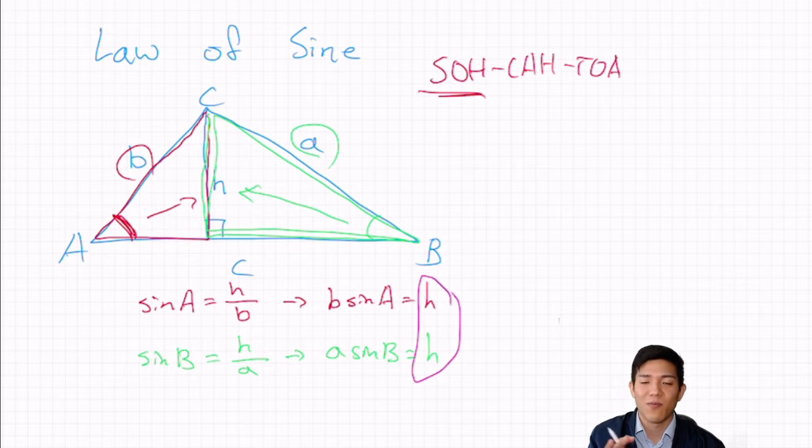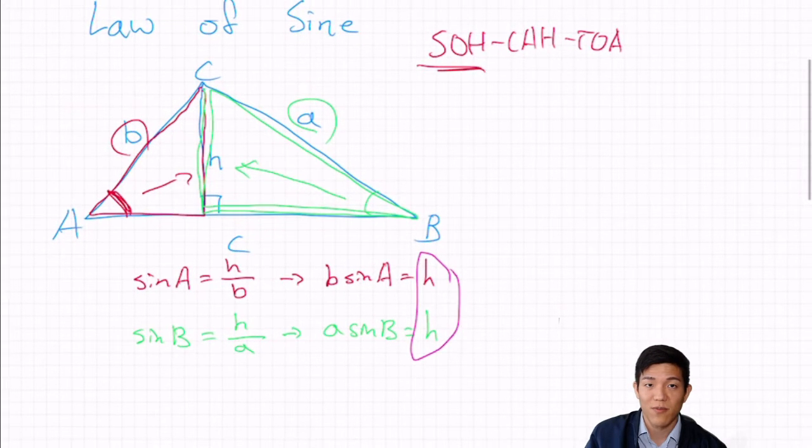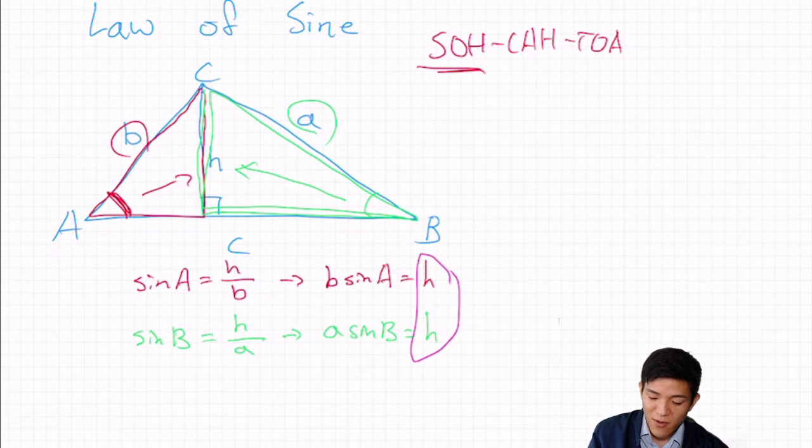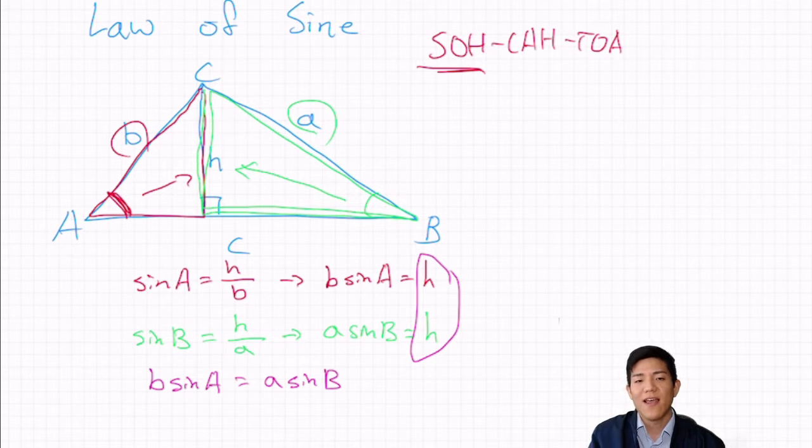Because they are both equal to h, we can set them equal to each other, getting b times sine of angle A is equal to a times sine of angle B. Now from here, we don't like how b and a are together, so we want to put a with a and b with b.